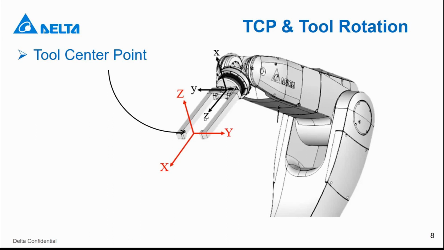Originally this will be in the flange of the robot. Then after the calibration, we will move this point to the TCP here. The other is the tool rotation. Sometimes this tool has an angle, it's not the same as the robot original flange, then we also need to teach this rotation of the tool.